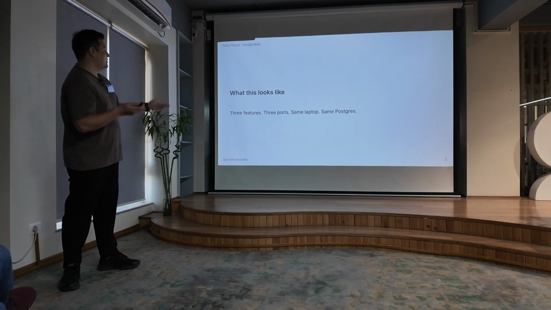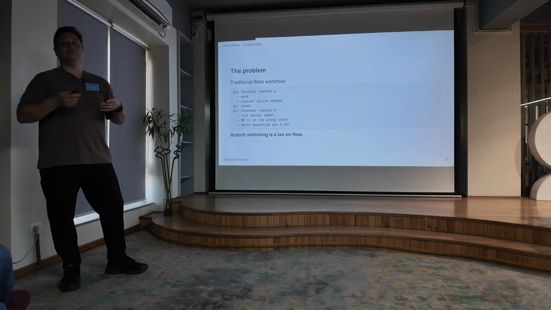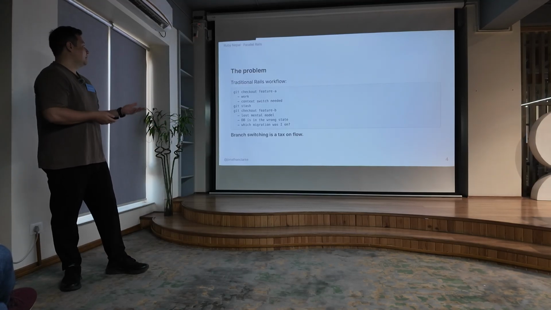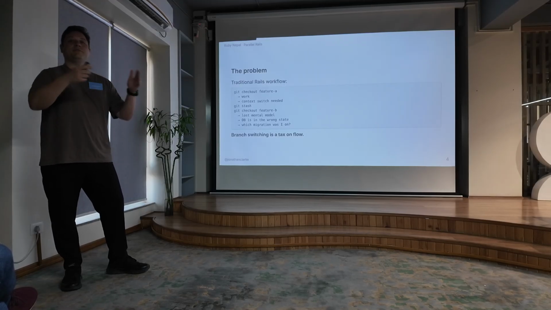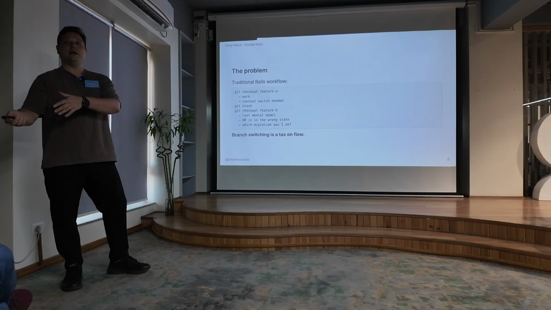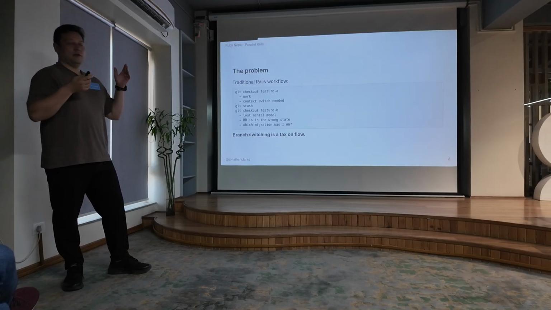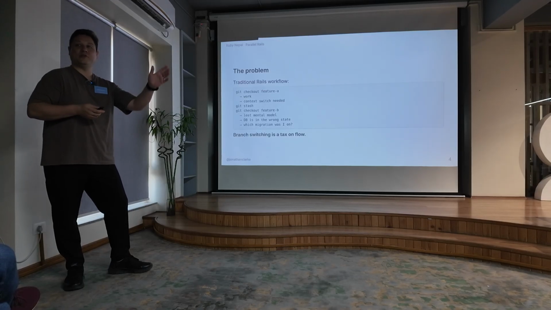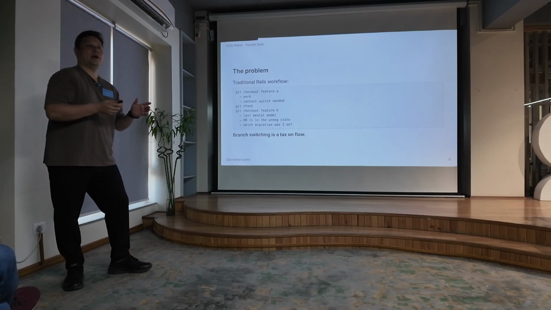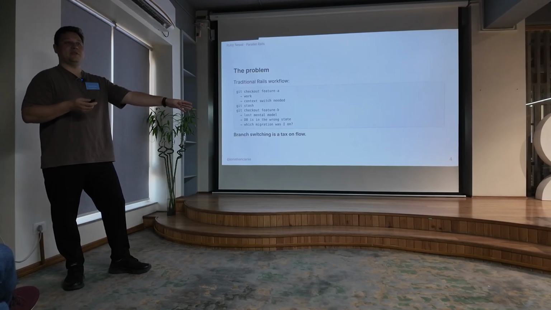How does it work? This is the traditional workflow where you check out a branch, which is your feature, and then you have to context switch all the time from branch A to branch B to branch C, okay? This doesn't really work in the agentic workflow because when you're trying to one-shot a feature, one agent in one tab is going to say, I'm going to try and change the same routes file this way for this specific purpose.